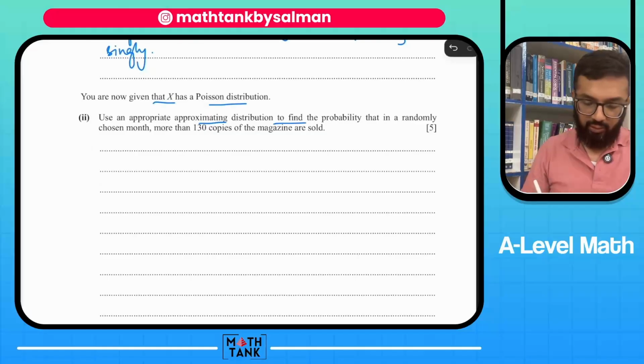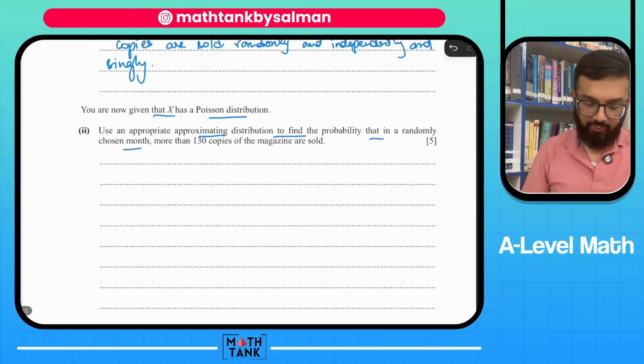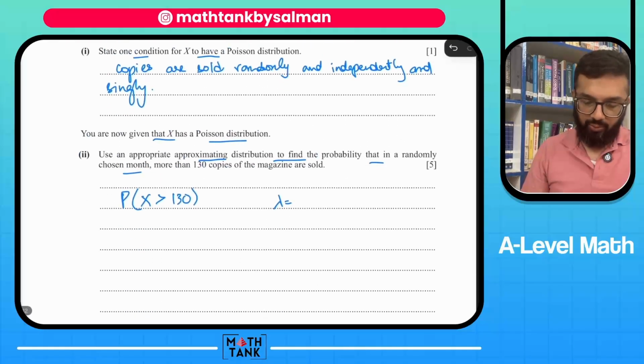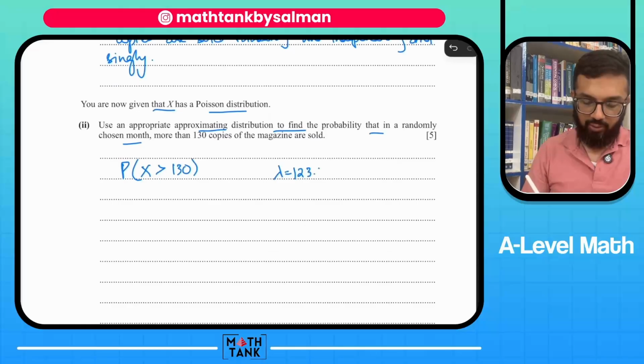Find the probability that in a randomly chosen one, more than 130 copies are sold. So my lambda is very large, 123.4. So I'm going to use a normal distribution for this. I'm going to say that it's a normal distribution.